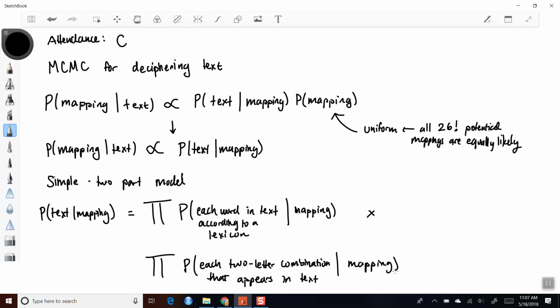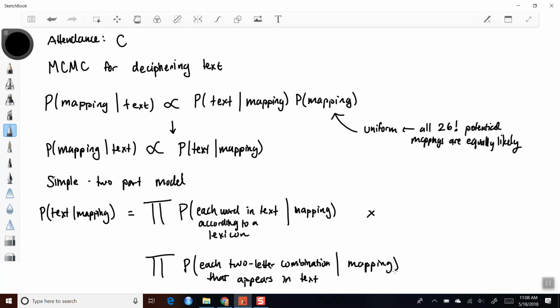The way we're going to evaluate it is we look at whether real words appear. If they do, that's good. Or do common two-letter combinations appear, like TH and IN and OS and whatever?